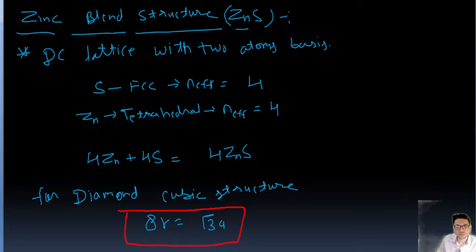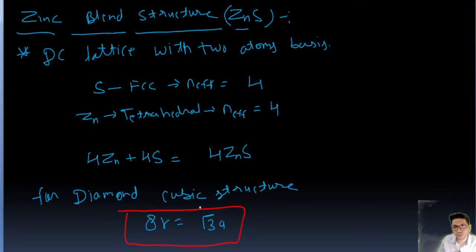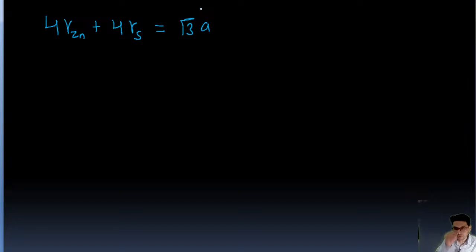So from here it is going to be 4 Zn plus 4 S, because 8r equal to root 3 a. My apologies, we are talking about radius. So 4 r, radius of Zn, plus 4 radius of S is equal to root 3 a.